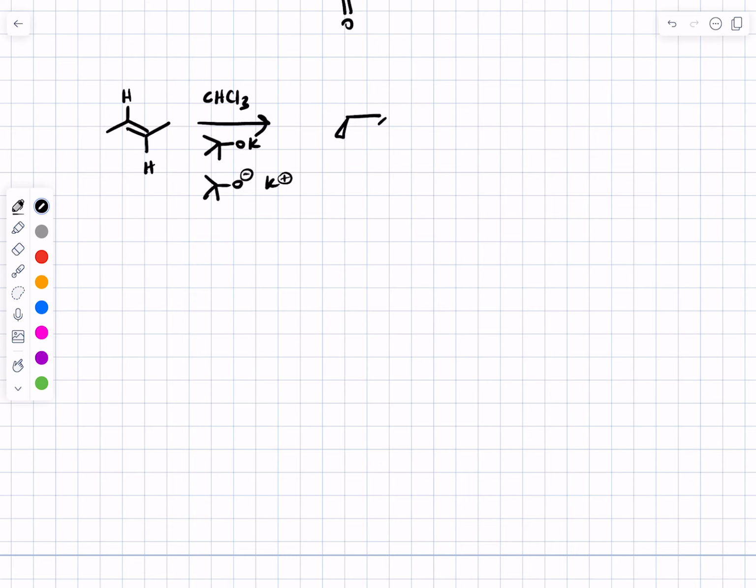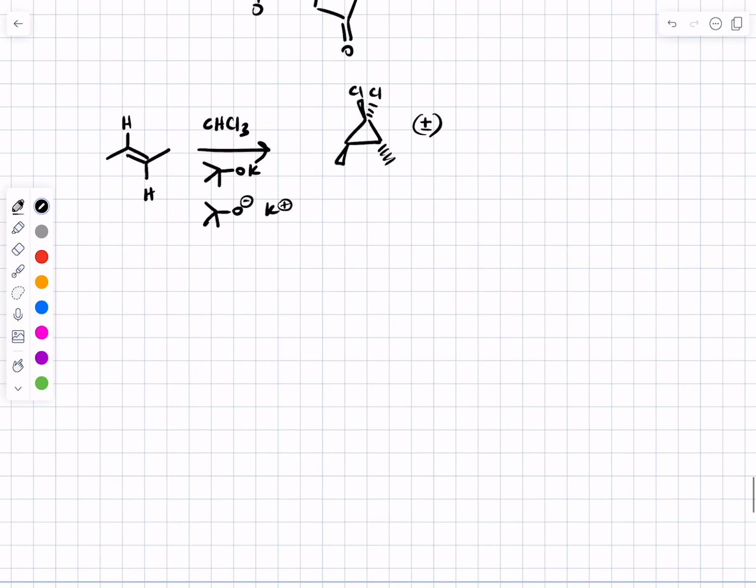What this will do is make this molecule plus its enantiomer, depending on whether the carbene gets added to the olefin from above or below.